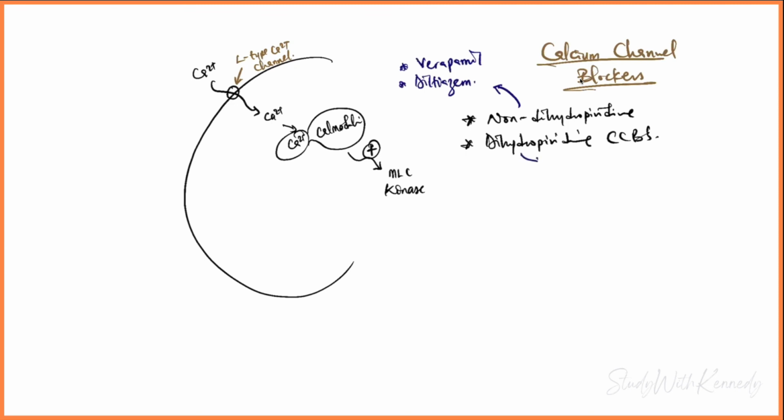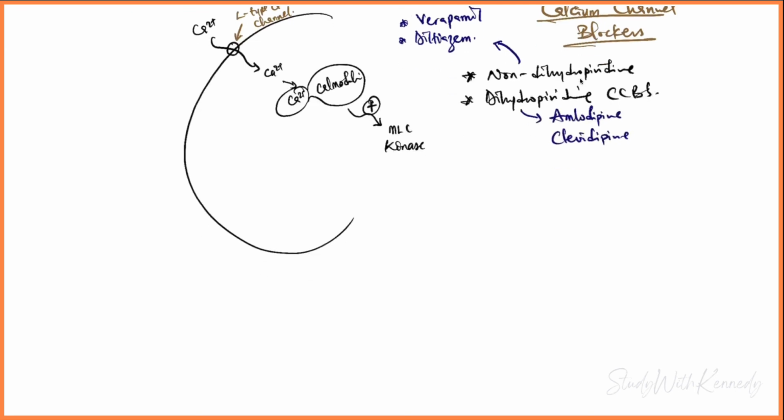The dihydropyridine calcium channel blockers consist of all the other calcium channel blockers, medications like amlodipine, what's the other one? Clevidipine. This prefix is difficult to remember. Nifedipine, nicardipine, and nimodipine. All right, so these are going to be your dihydropyridine calcium channel blockers.